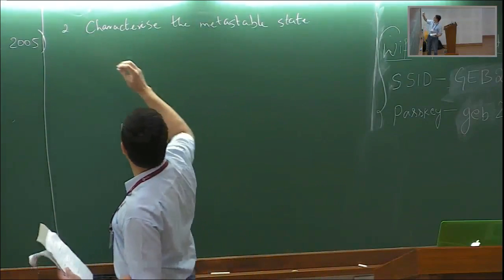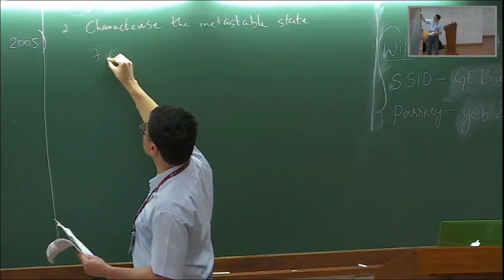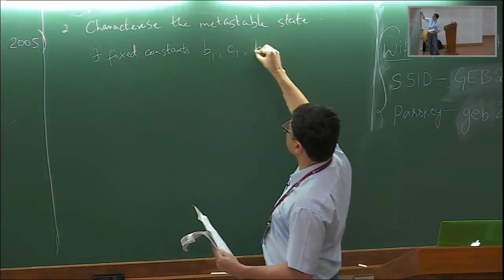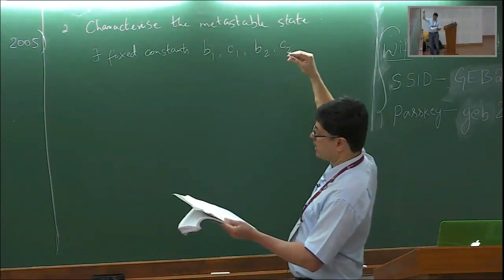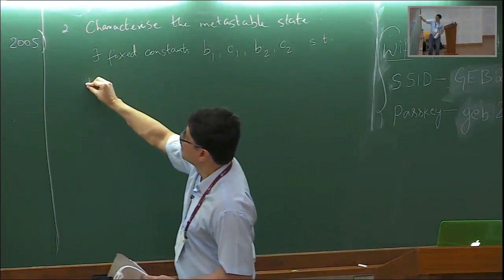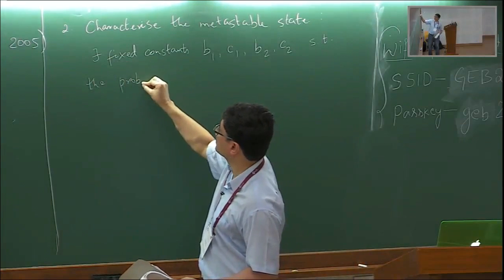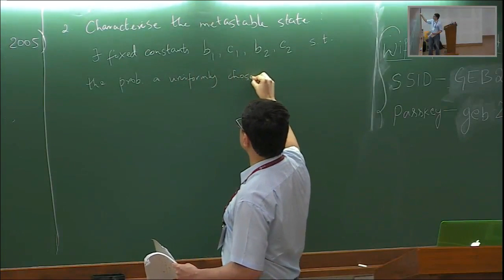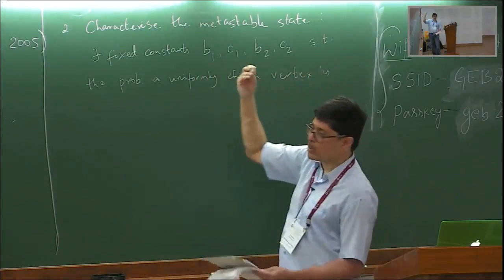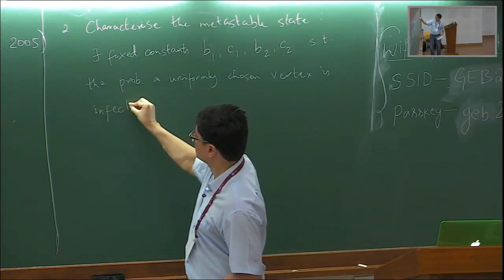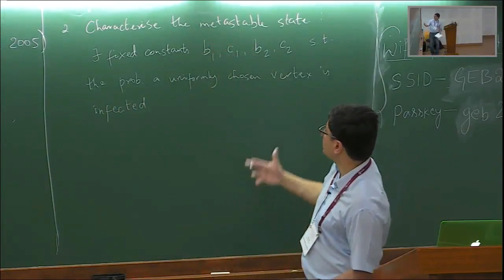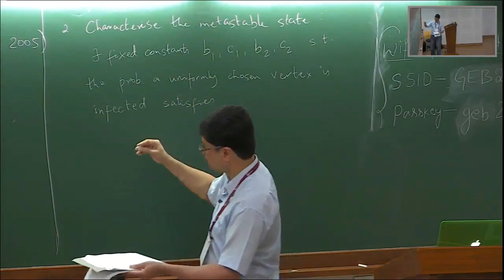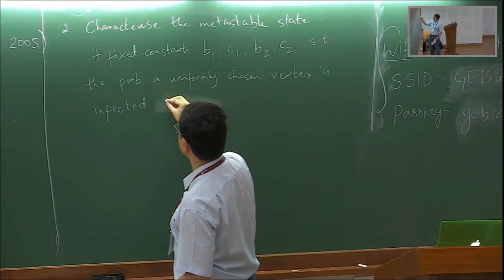So what they show is the following. There exist some fixed constants B1, C1, B2, and C2, such that if you pick a vertex uniformly at random, and you ask whether this is infected during this metastable phase, then this probability is bounded as follows.